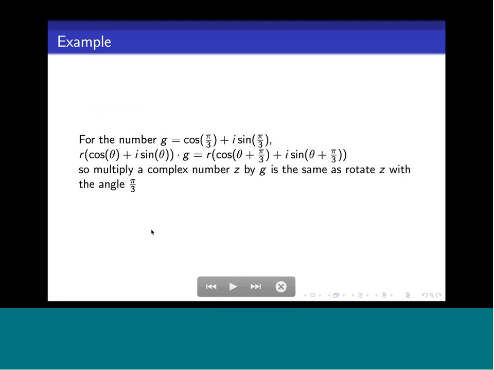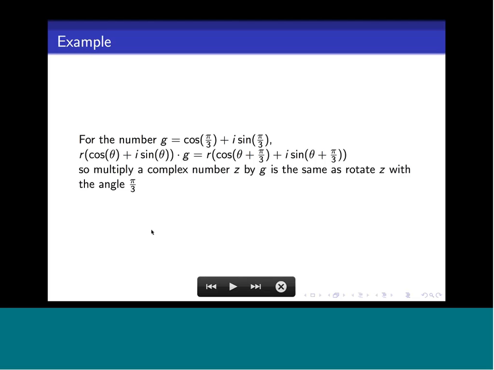The good thing, there it is. So multiplying by G is the same as rotating Z by the angle pi over 3. We talked about it a little bit, right?